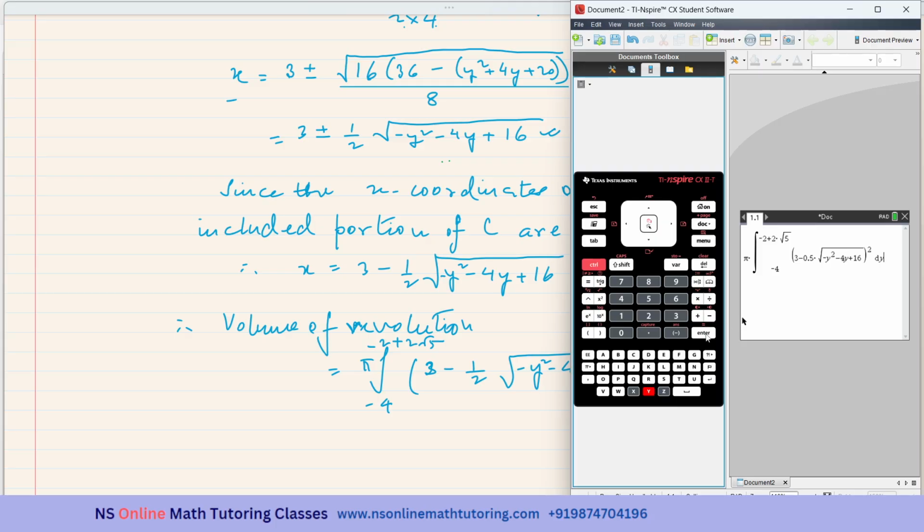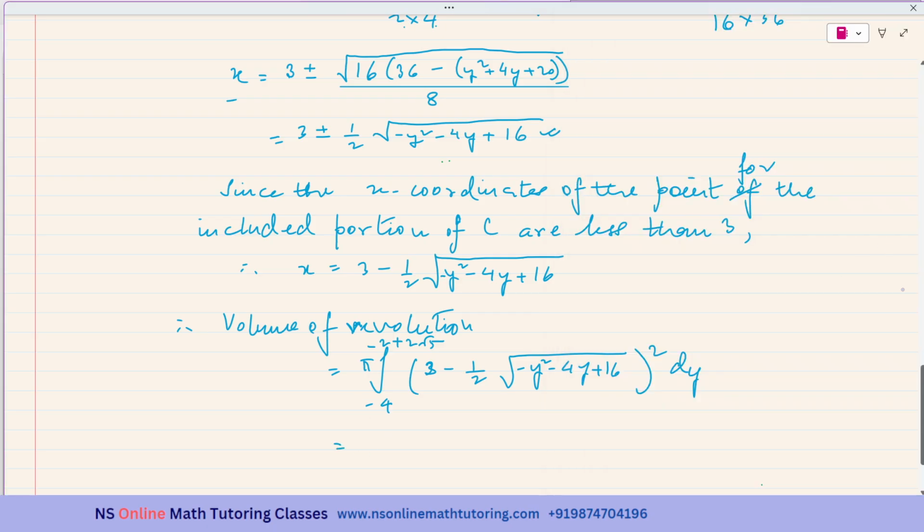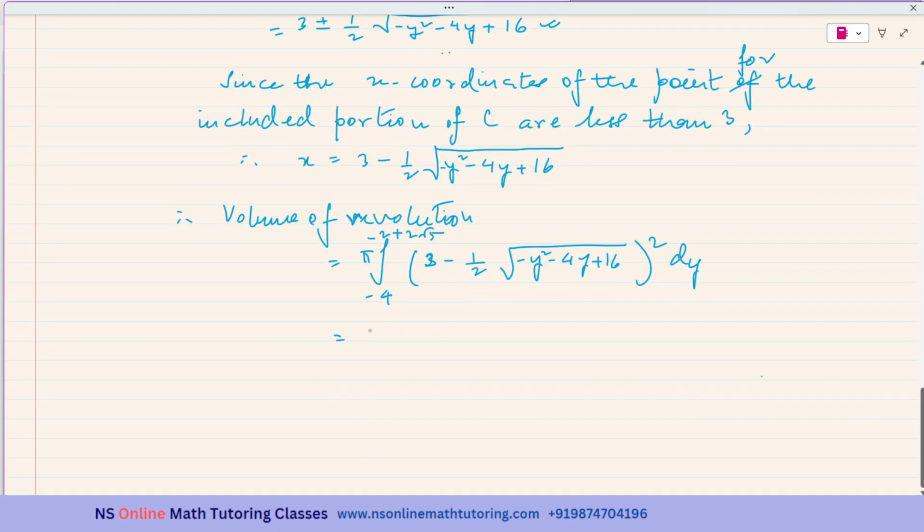Okay, enter. 29.7, correct to 3 significant figures. So this is 29.7 unit cube, correct to 3 significant figures.